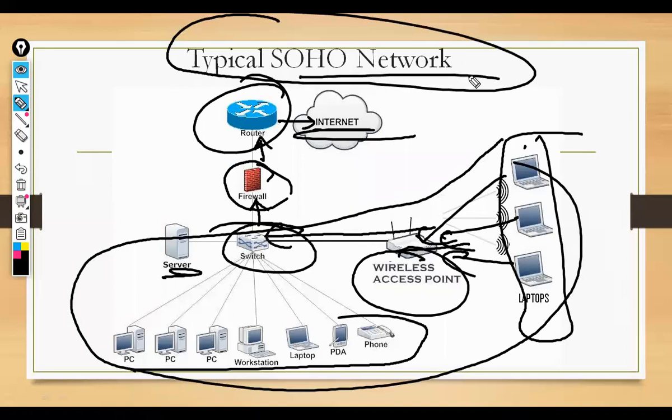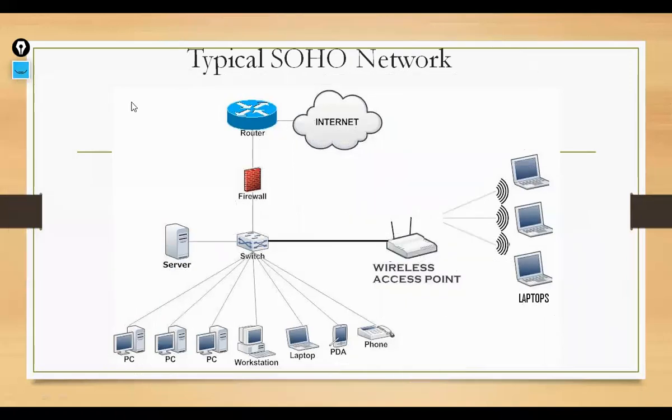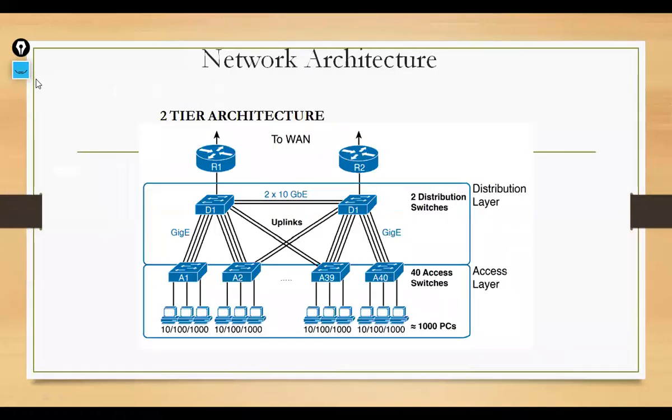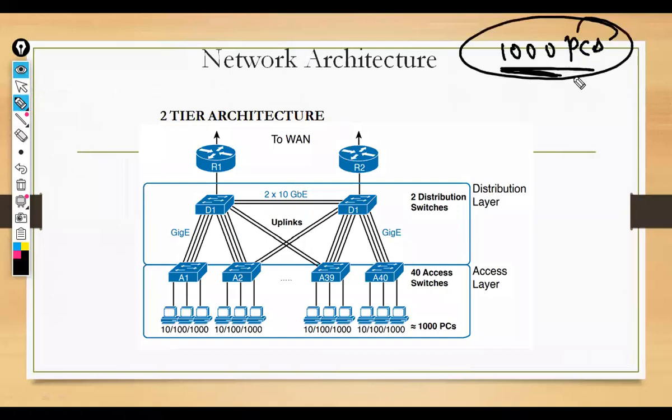Clear, guys? Okay. So now, almost done. Now, what if we have big companies? Suppose the company is having 1,000 PCs. Not all 1,000 PCs, but some PCs will be connected to a switch here, and these switches are called access layer switches.